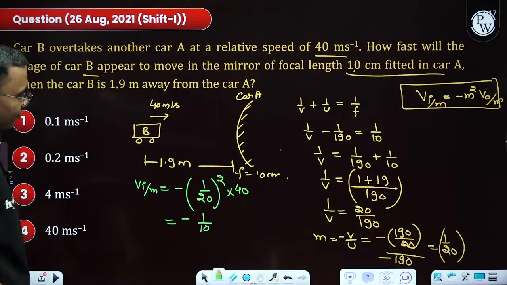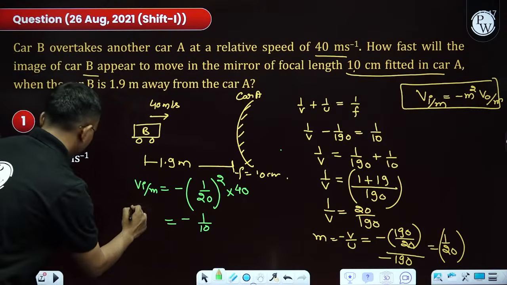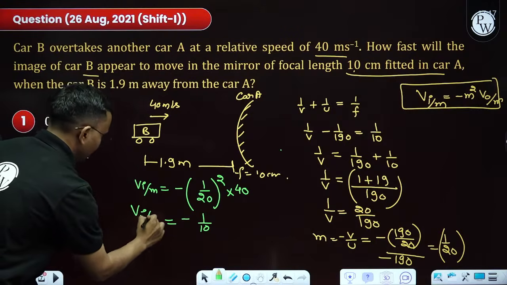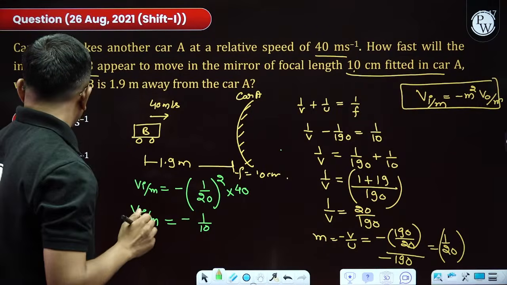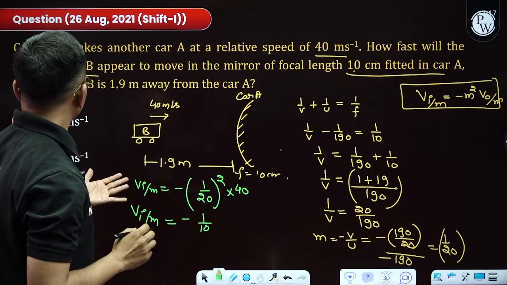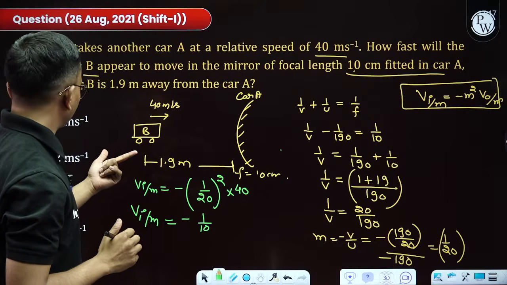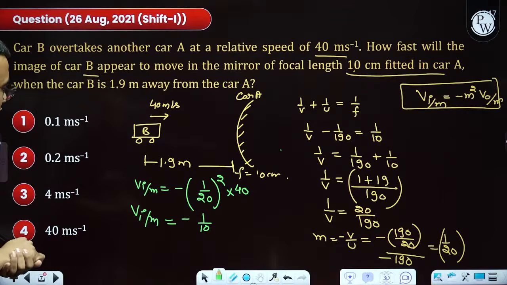This is the velocity of image with respect to mirror.